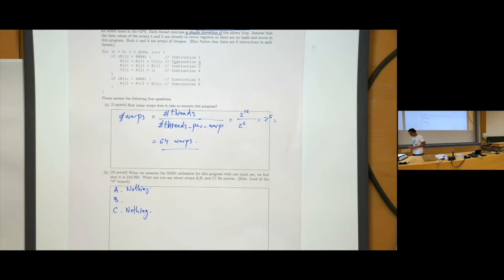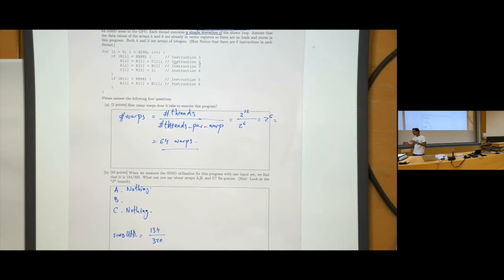So let's think about how someone who has calculated the SIMD utilization for specific values in array B would reason about the calculation. We know that the SIMD utilization is equal to 134 over 320.